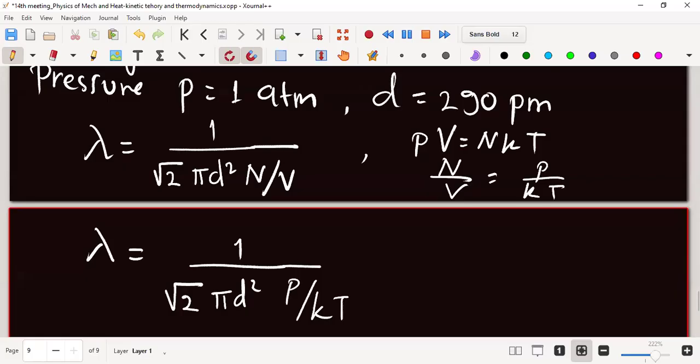Okay, so we can input the numbers here. This one is kT divided by square root of 2 pi d squared and pressure.